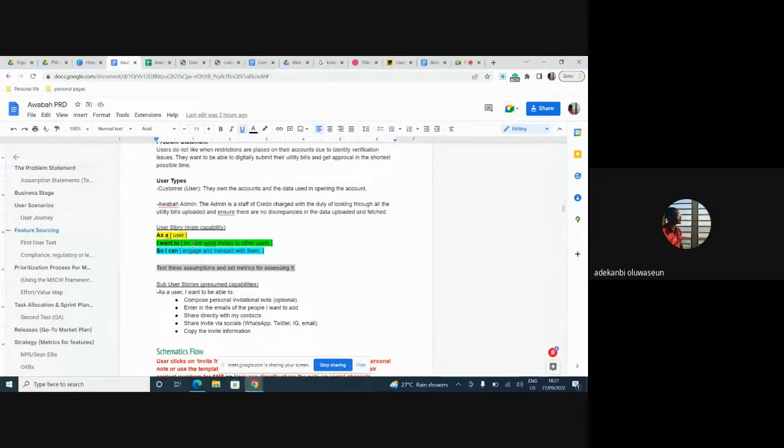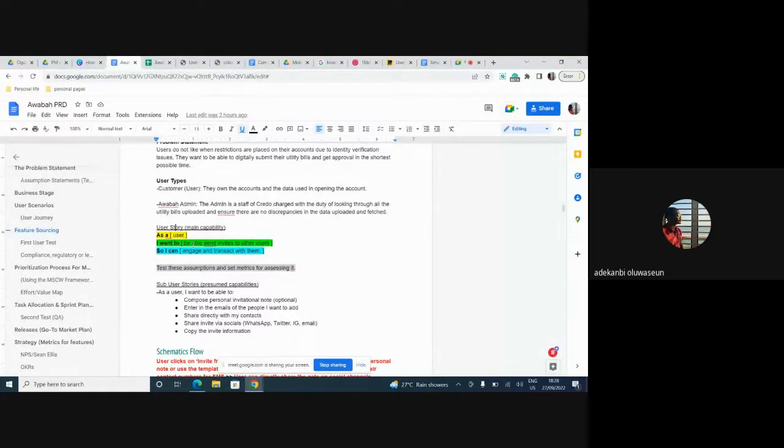Now, this is a function, a capability. So what happens if they can't send an invite? What happens if they send a wrong invite? What happens if they don't know what invite to send? That's where the assumption criteria comes in, because you now begin to answer all of those questions, right?